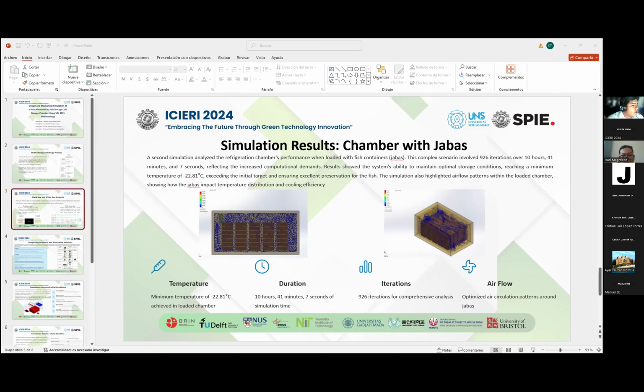Duration: 10 hours, 14 minutes, 7 seconds of simulation time. Interactions and airflow: optimized air circulation patterns around the containers.